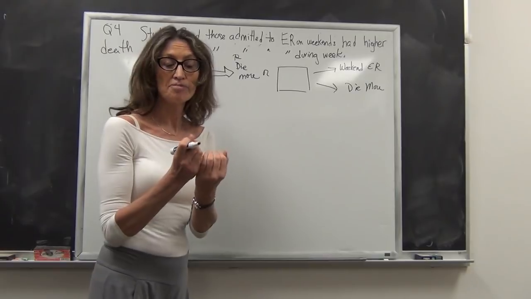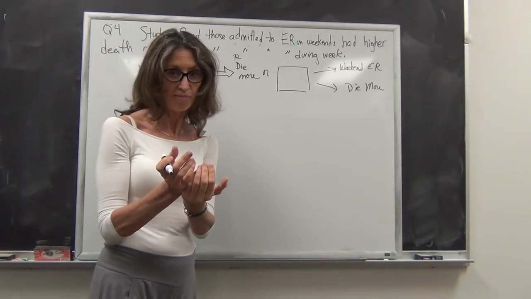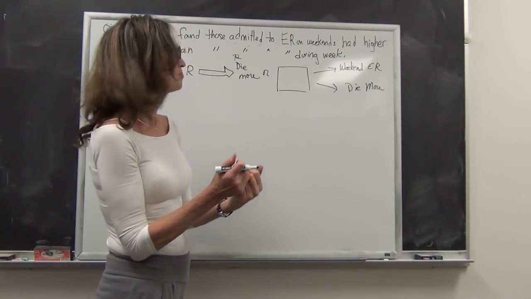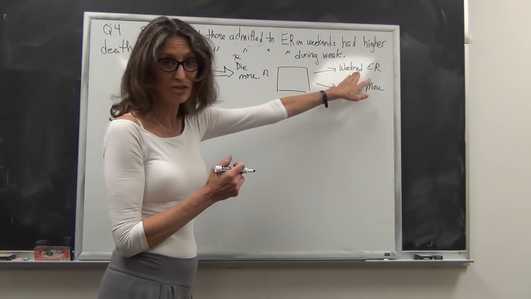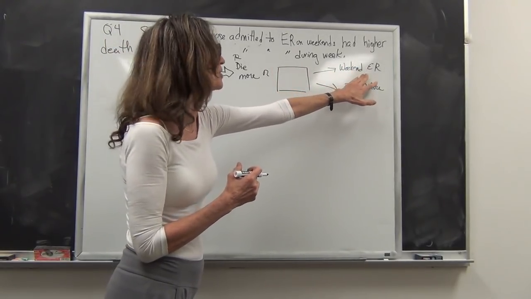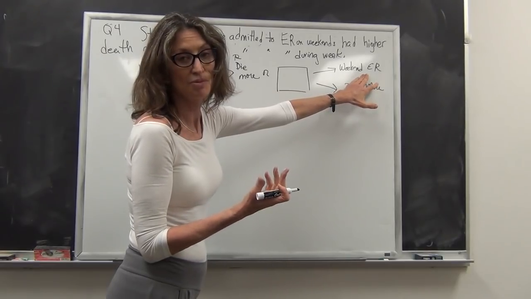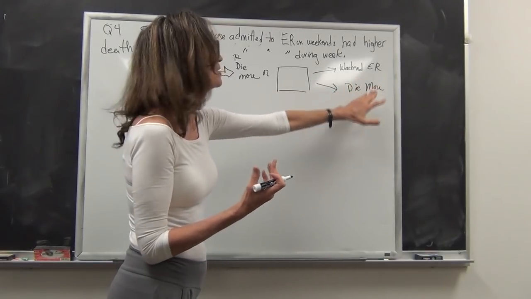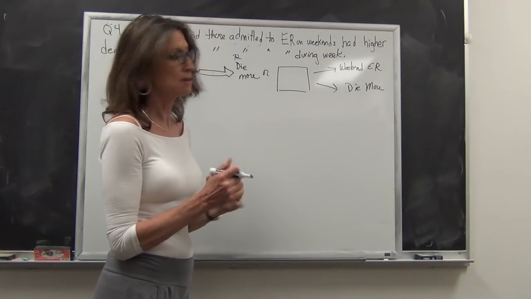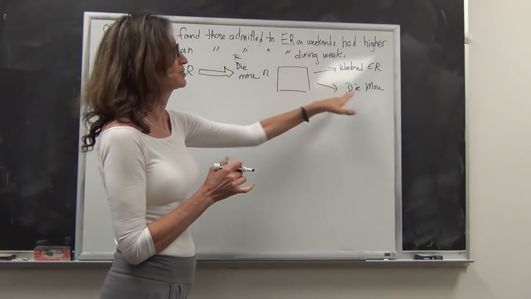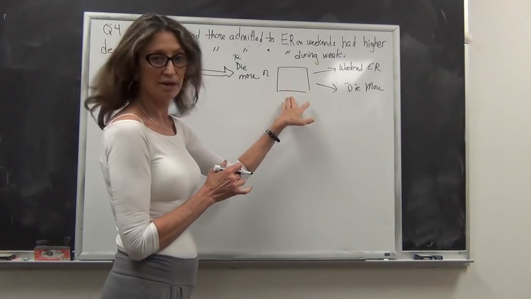And it's something different about them that's both causing one group to go to the emergency room over the weekend and the other group not to, and also causing them to die more. So it's something different about people who go to the emergency room on weekends who also are dying more. That's what a confounder is.